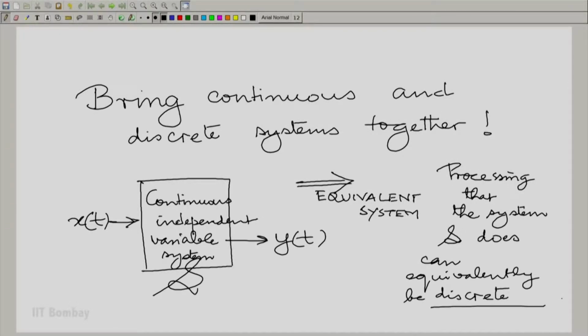so we want an equivalent system where the processing that you are doing can equivalently be done in discrete independent variable by using a discrete system. We do not want to rely entirely on continuous variable systems. There are good reasons for it.